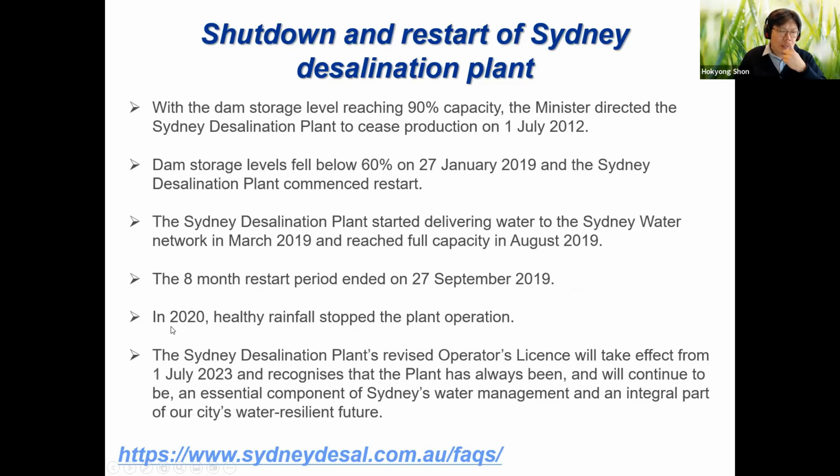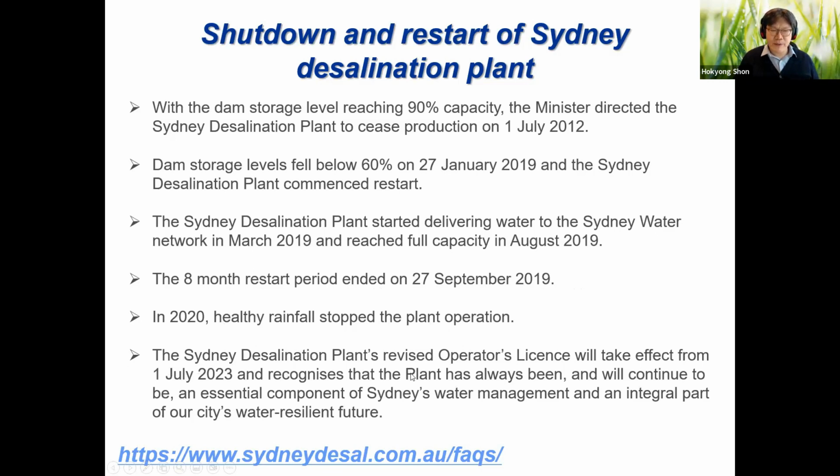So in 2020, during the pandemic period, heavy rainfall stopped all plant operation, except just the minimum operation of the desalination plant.